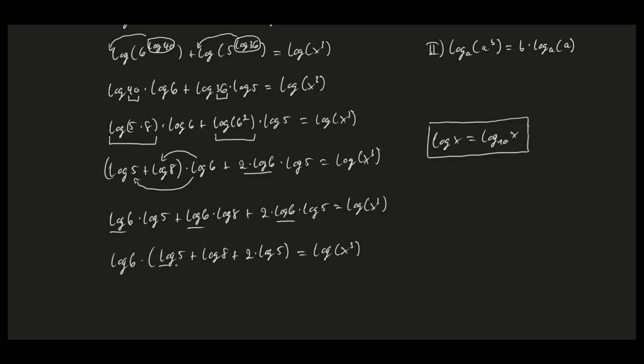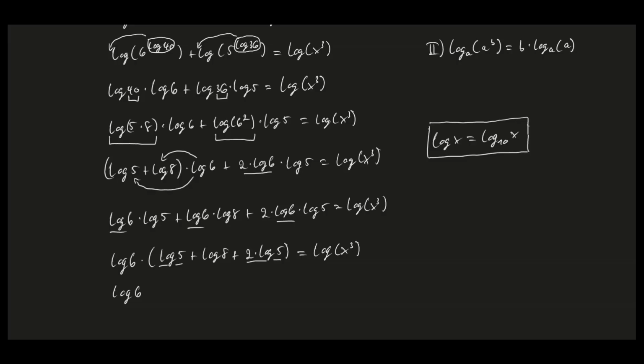So now we have here the logarithm of 5, and here 2 times logarithm of 5. We can bring them together so that we get 3 times logarithm of 5, and with this we can use the second property so that 3 times logarithm of 5 is the same as the logarithm of 5 raised to the power of 3, which is 125.